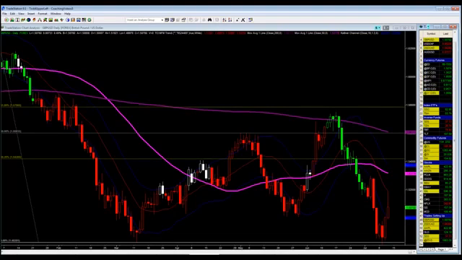Let's take a look at the British pound US dollar. Remember what I said on Monday? I was looking for a buy. Look at the retest of this low. It retested it beautifully, created an outside vertical bar, which actually closed lower. I should have automatically had a buy stop above the high of the bullish outside vertical bar, but I did not do that. If it had closed in the top quarter, I would have been buying it on the next bar automatically with the stop below this low. But it didn't. It closed lower, and I didn't have a buy stop above the high. I should have.